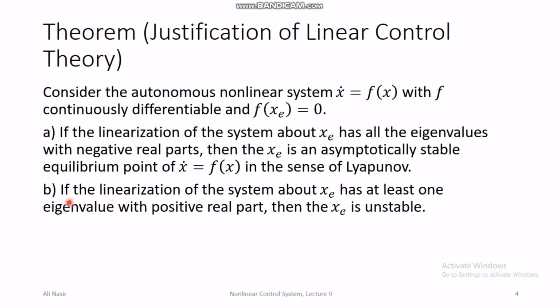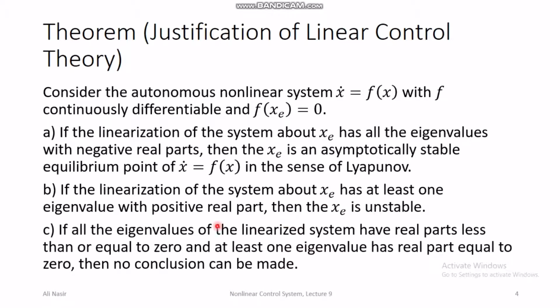The second part says that if the linearization of the system about the equilibrium point has at least one eigenvalue with positive real part, then xe is unstable, which means the equilibrium point of the original nonlinear system is unstable. And the third part is that if all the eigenvalues of the linearized system have real parts less than or equal to 0, and at least one eigenvalue has real part equal to 0, then no conclusion can be made.